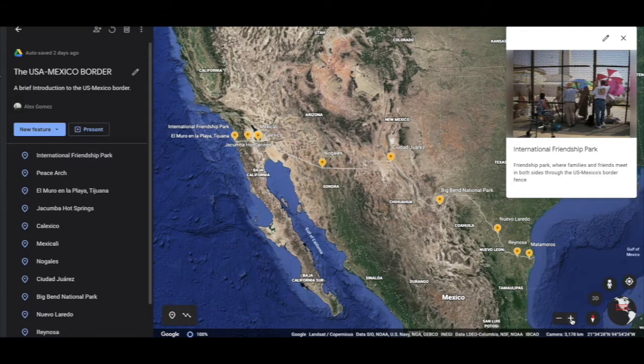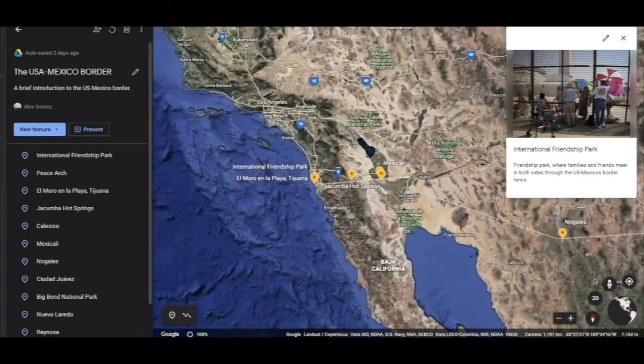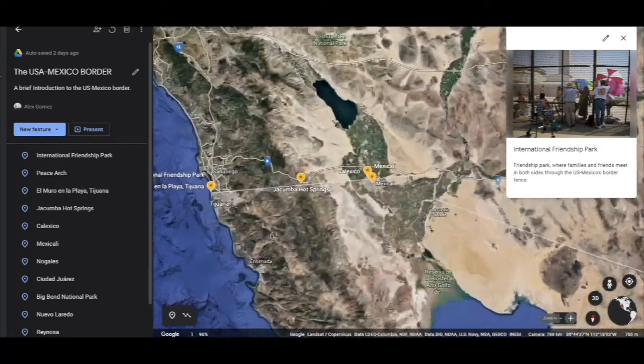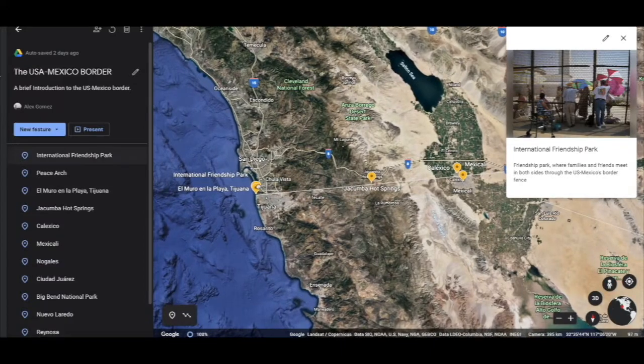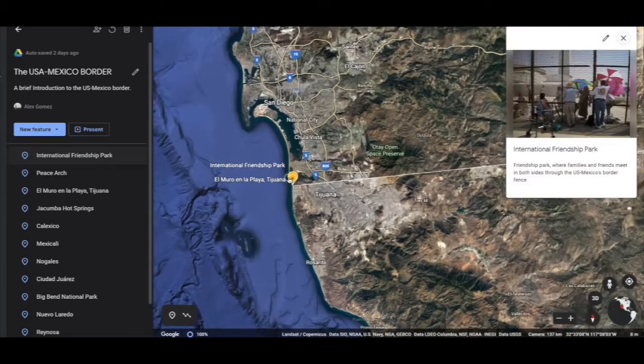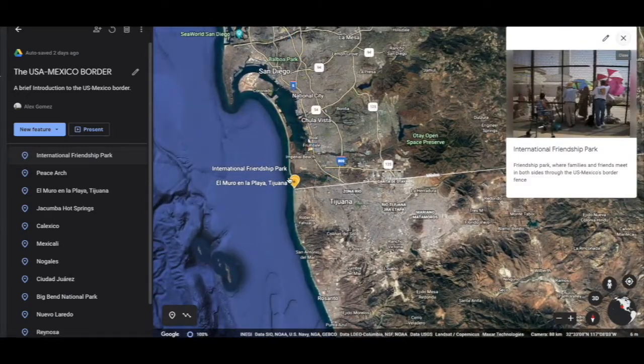I wanted to zoom in again and let me get closer to El Muro. This is in Playas de Tijuana. Let me get closer to it. Not only are these two cities well connected, like I mentioned before, there's also a whole world of controversies when it comes down to the border fence.